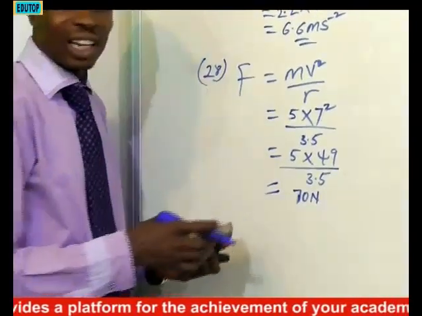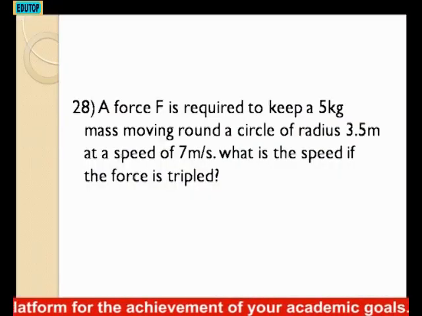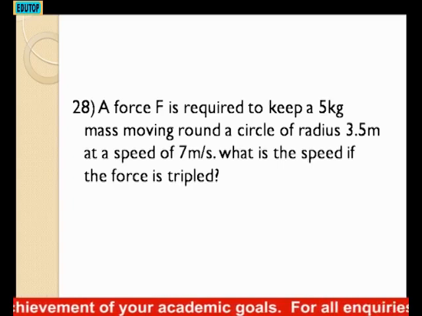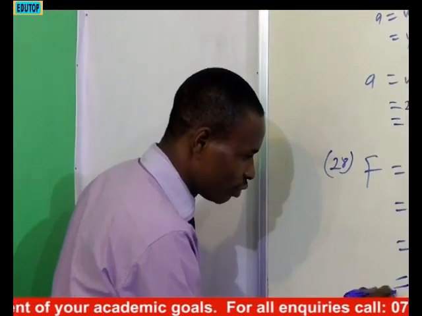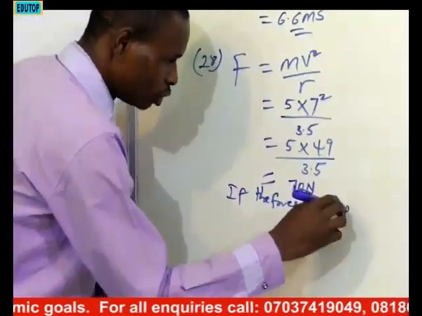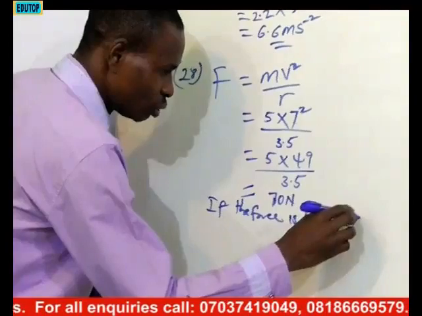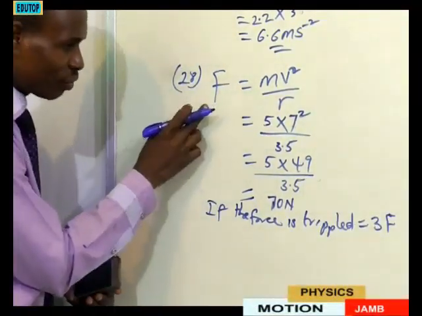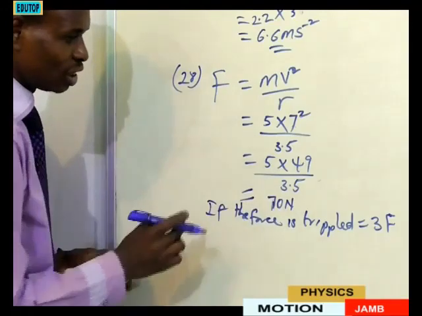But the question says, what will be the speed if the force is tripled? If the force is tripled, it means we are going to have 3F, and our F is 70.